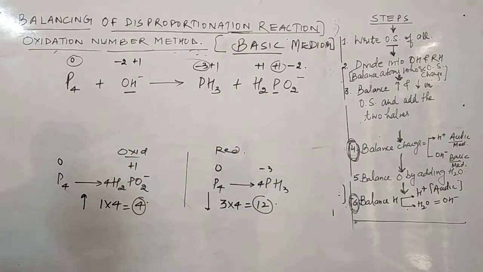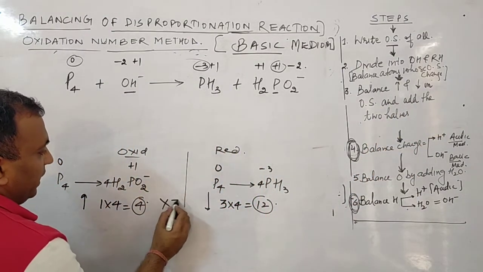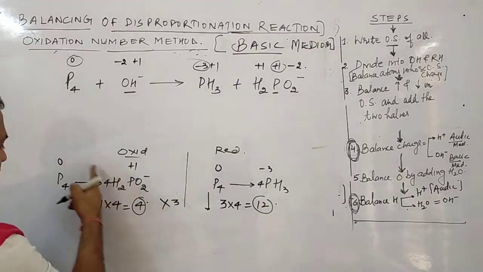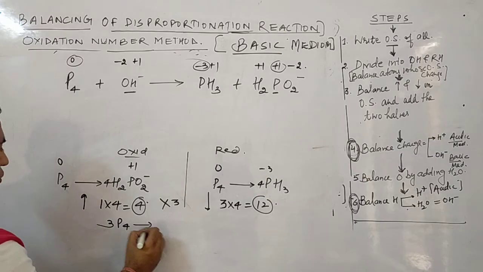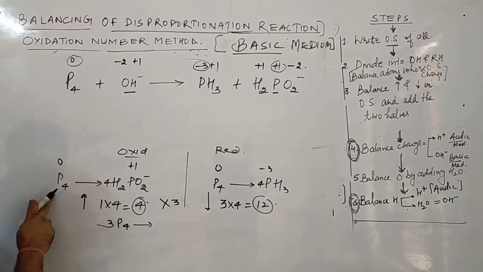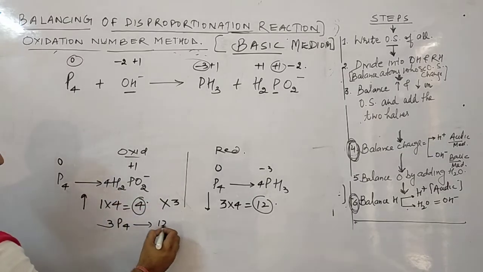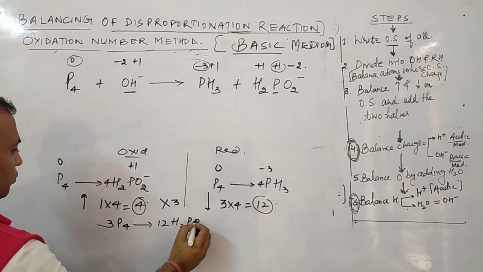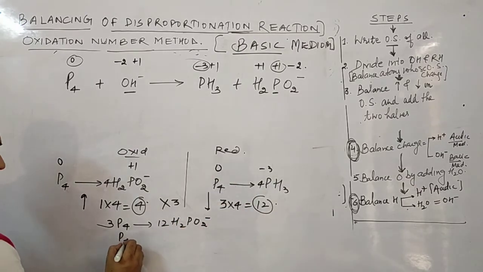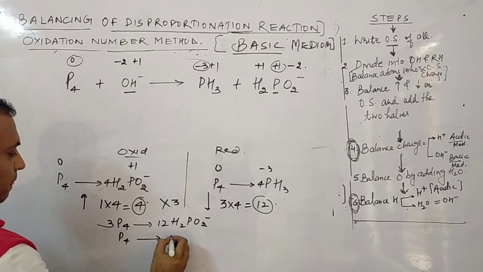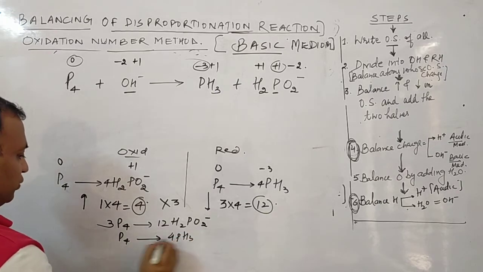Balance कैसे करें? 4 को 3 से multiply कर दीजिए. So जब multiply करेंगे, what will you get? 3P4 to 3 4s are 12 H2PO2 negative, and this as it is P4 to 4PH3.